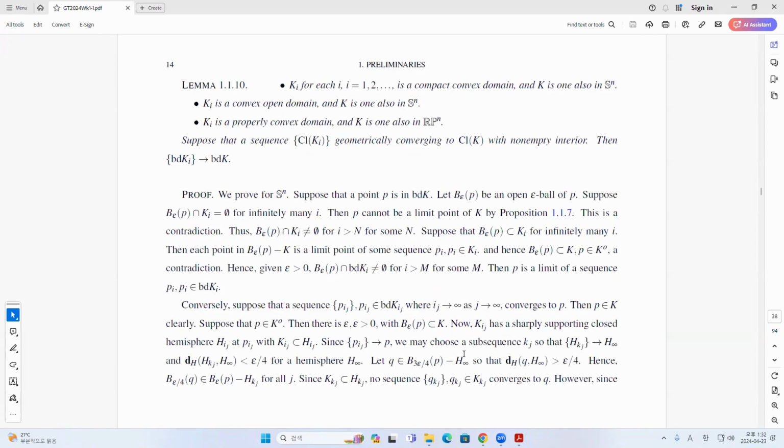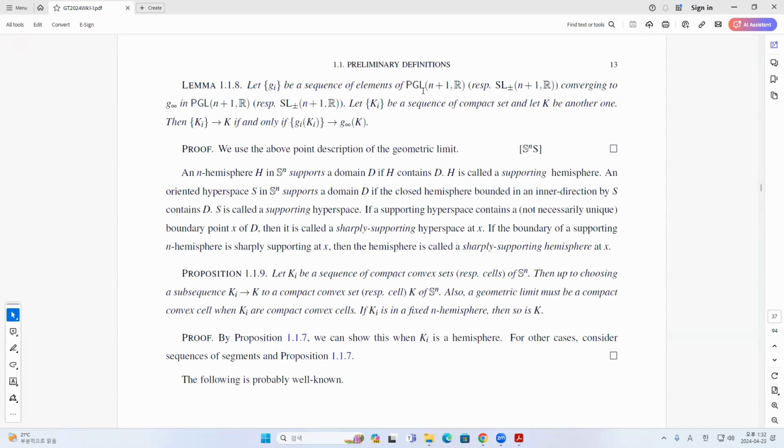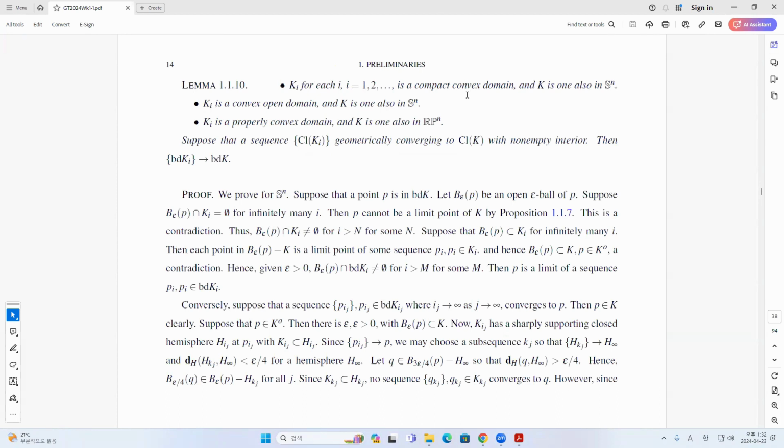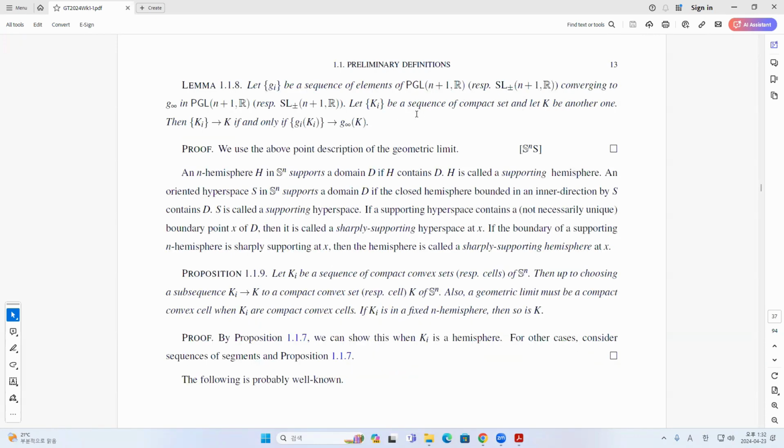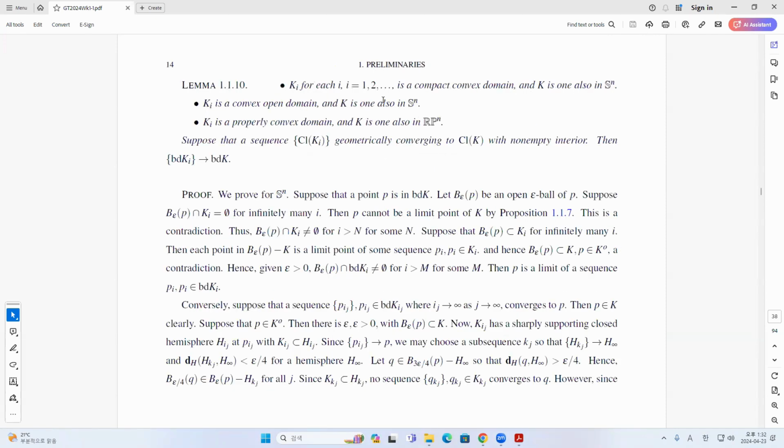So also the following is well known. If each K_i is a compact convex domain, then K is one also. Of course, it could possibly have a lower dimension. If K_i is a convex open domain, then K is also one, only when K has the same dimension as K_i. And if K_i is a properly convex domain, then K is also properly convex here.